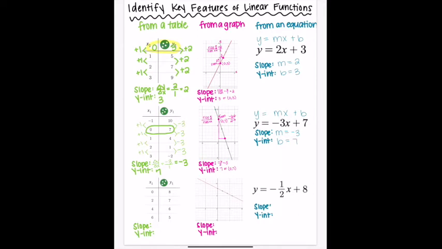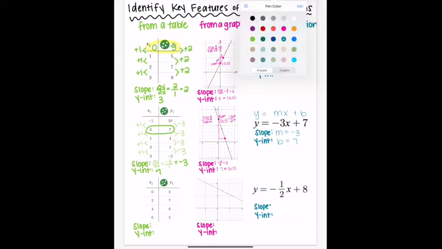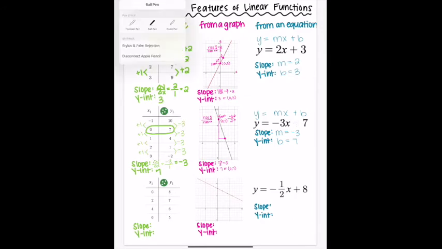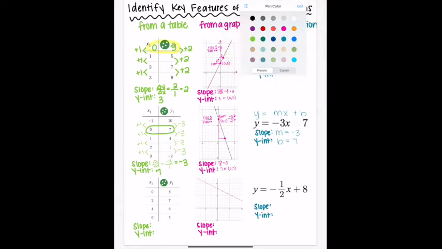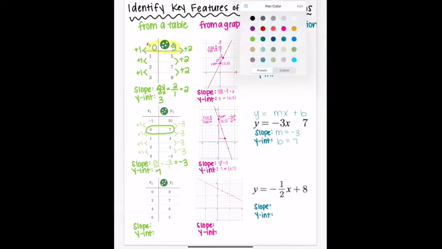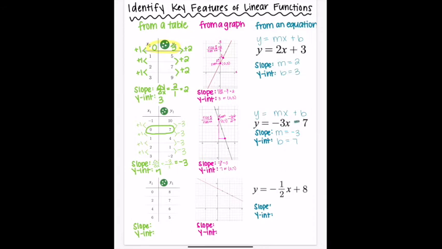I want to make a note real quick that, let's say this was actually a minus 7 right here. If this were a minus 7, then the b value would be minus 7. But since it's a positive 7, our b is a positive 7.